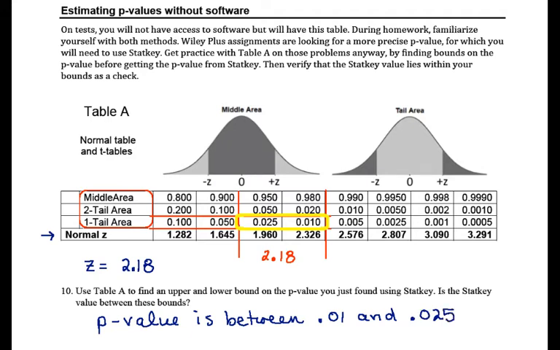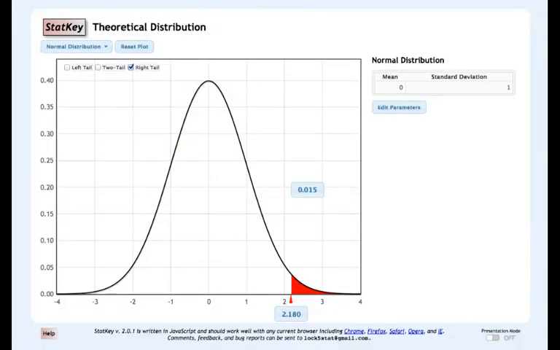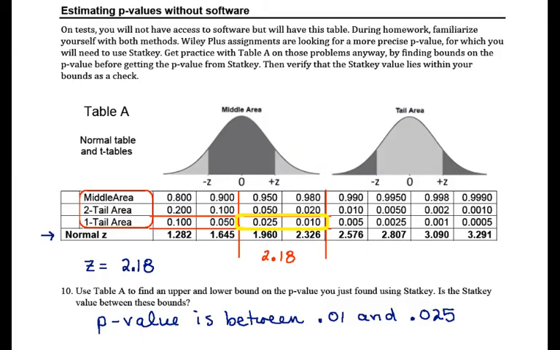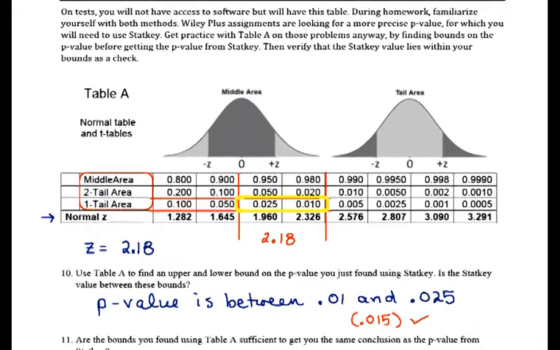If I look back at my previous notes or even just at my distribution in StatKey, which I happen to still have up, I see that the actual p-value was 0.015. So just with a quick check, I can verify that that is between these two values.